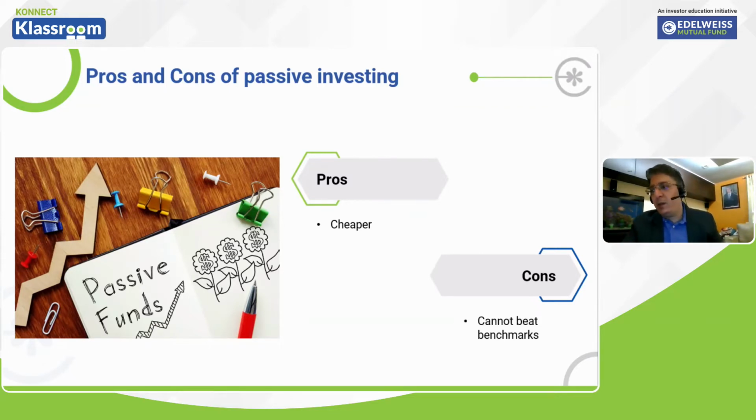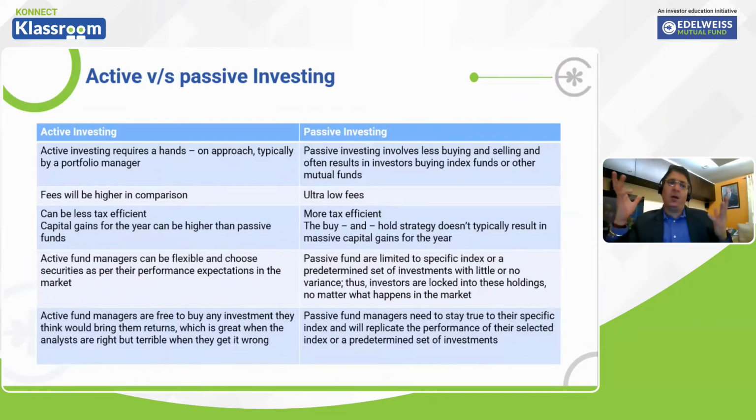To sum up between active and passive, active is a hands-on approach. It is somewhere where the fund management team actively selects securities and decides on what they want to buy and sell. Passive investing is something which is more of a buy and hold. You buy the entire index and you hold on to those investments over a period of time and replicate the index.